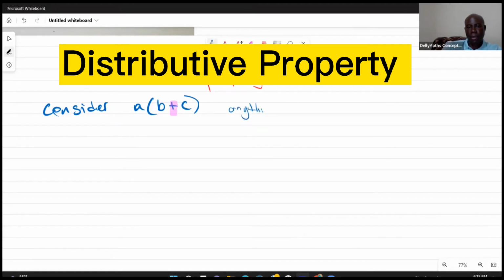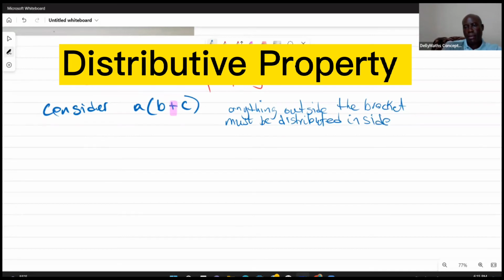Anything outside the bracket must be distributed inside the bracket. That's all.